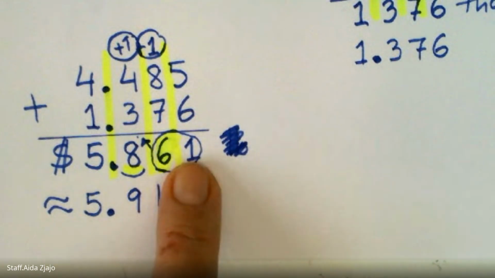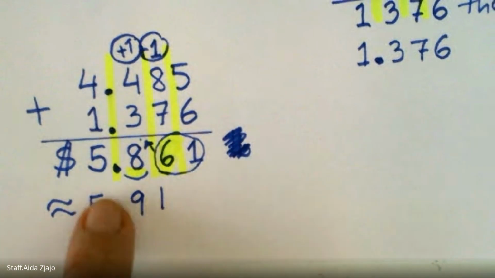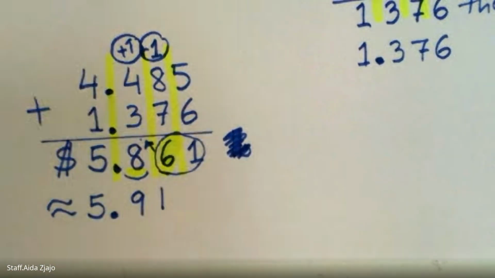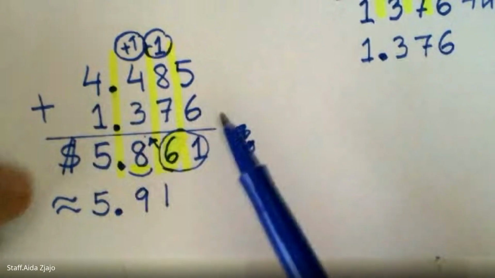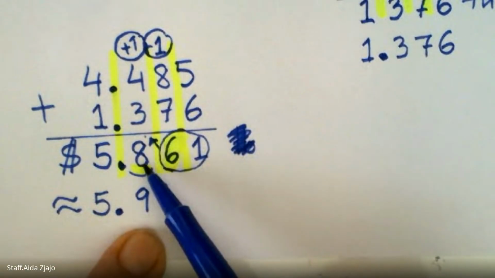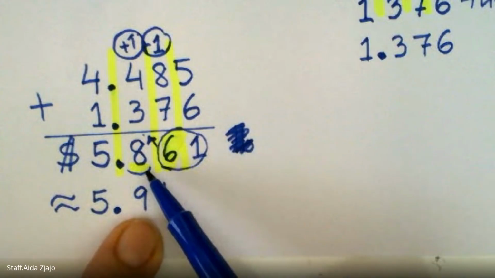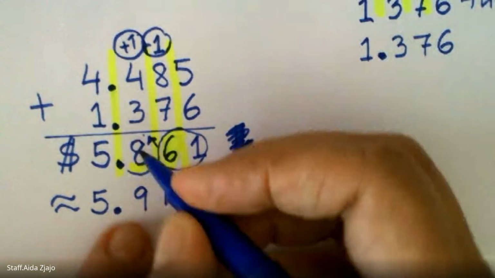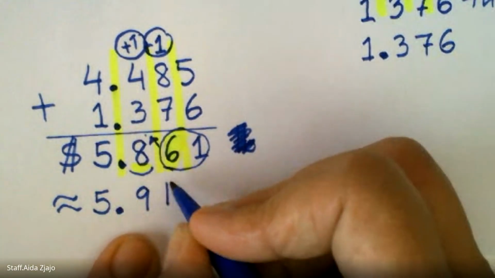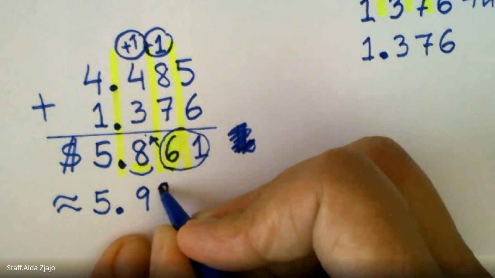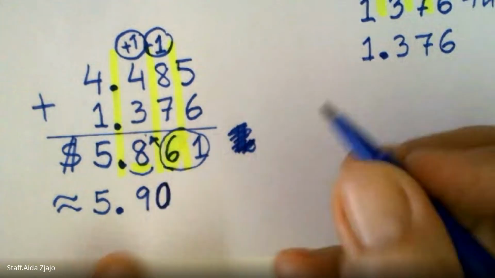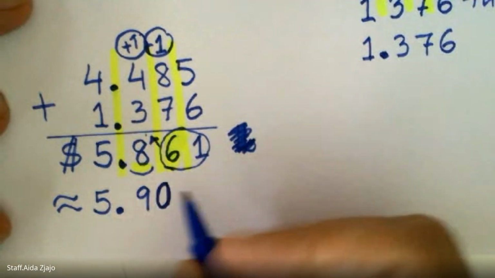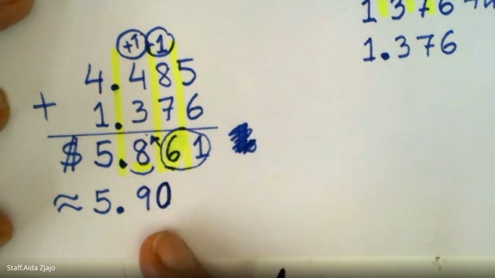So when we have an answer like this, and we need to round to the nearest tenth of a dollar or dime, we can say that she will pay about 5.90, or 5.9 dollars.